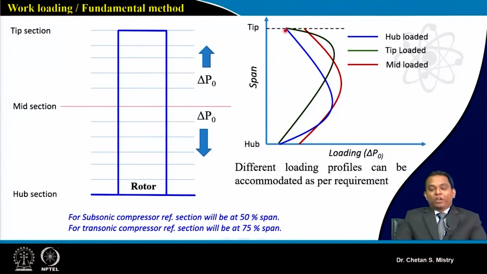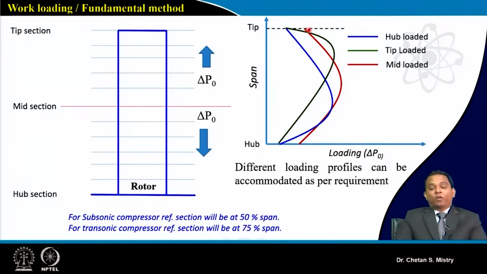Okay, so this green line represents the approach of a tip loaded rotor. I will have a higher delta P0 assumed near my tip region. I can even go with a hub loaded design, which this line represents.